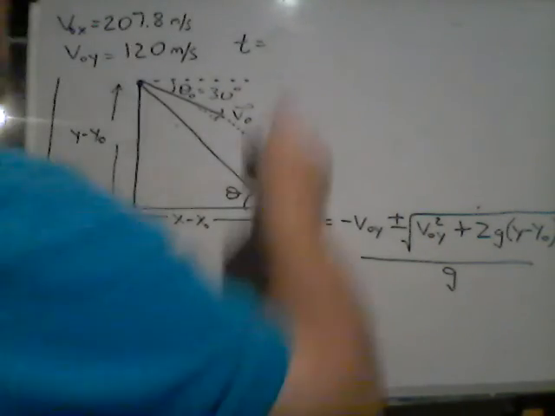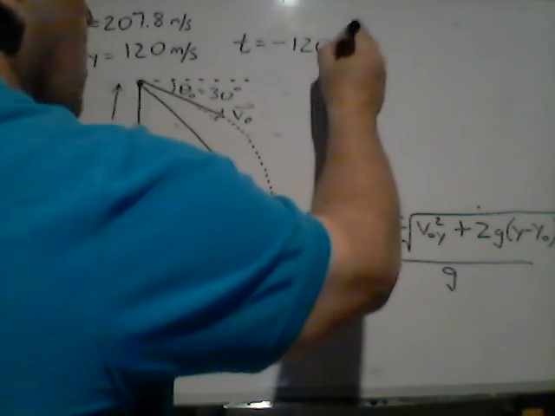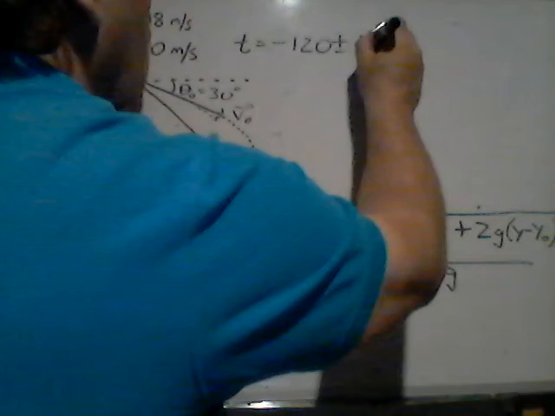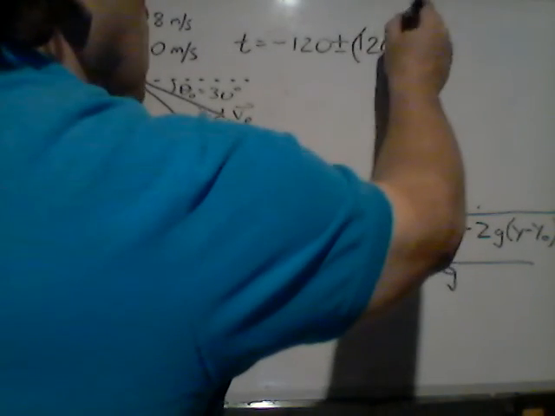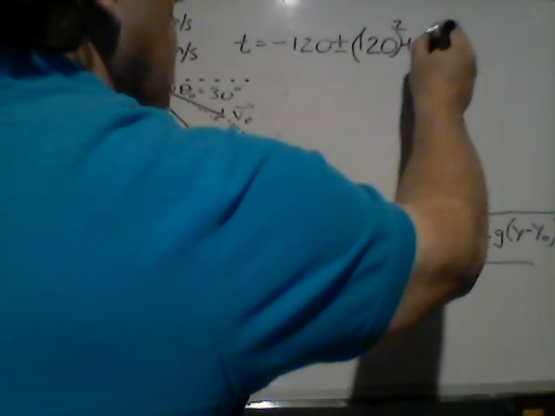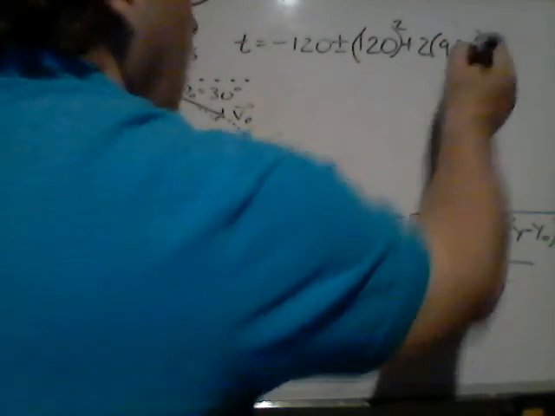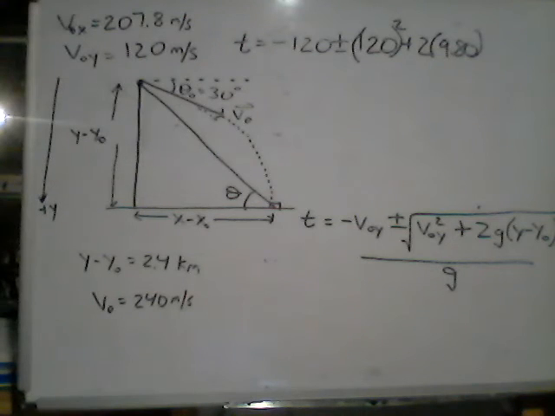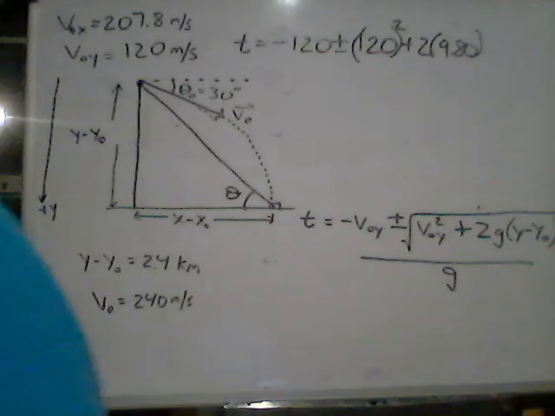So negative 120 plus or minus the square root of 120 squared plus 2 times 9.80, and then y minus y naught, again, that's 2.4 kilometers or 2,400 meters.